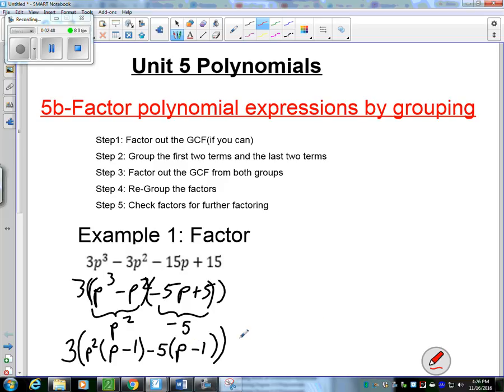So let's carry this over. And we have 3 on the outside, and at this point we're going to regroup the factors. So I have 3, and then p minus 1, which I have in both, so p minus 1, and the other factor is on the outside, p squared minus 5.